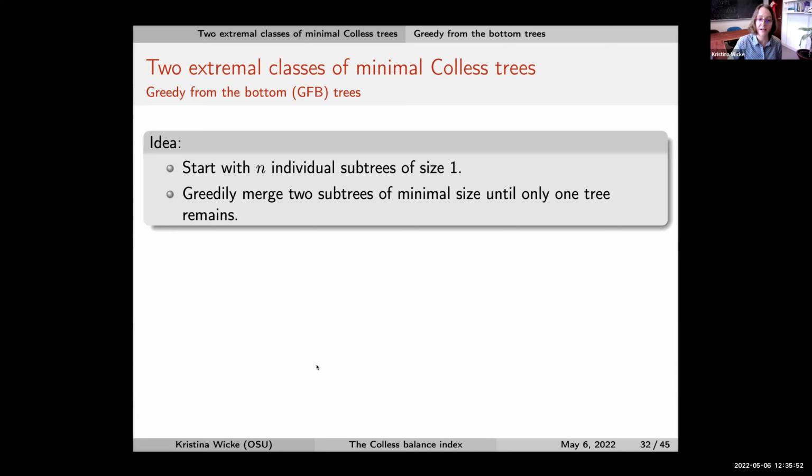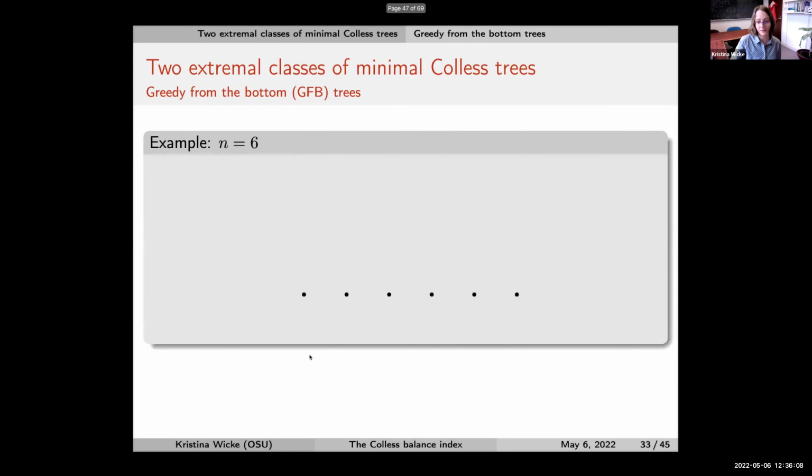Suppose we want to construct a tree on n leaves. We start with n individual subtrees of size 1, so n leaves, and then we greedily merge 2 subtrees of minimal size until only 1 tree remains. Here's an example for n equal to 6. We start with 6 individual trees on 1 leaf, and now we greedily merge minimal subtrees.